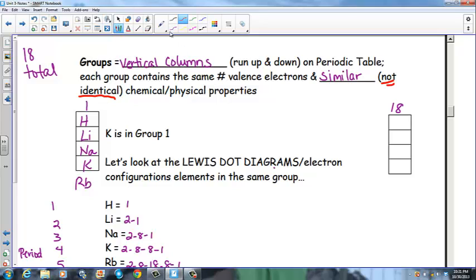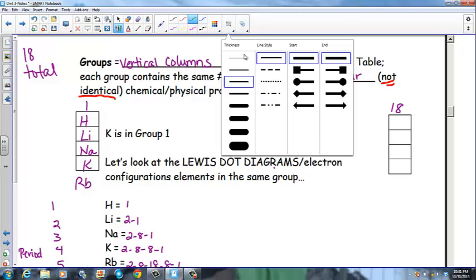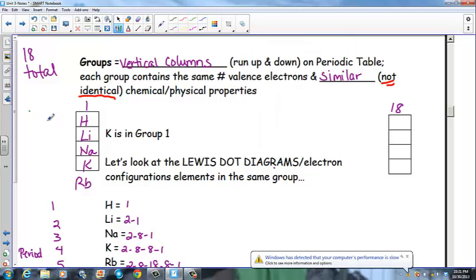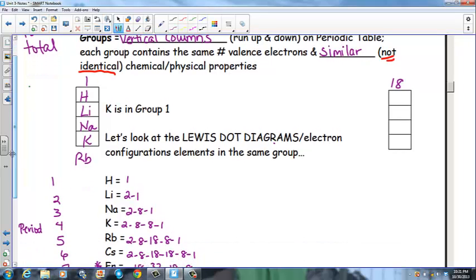So what this means is that they react similarly. They might have the same or similar physical properties, soft, malleable, ductile, things like that, but they will not be exactly the same because they have different numbers of valence electrons, so they are going to react a little differently.